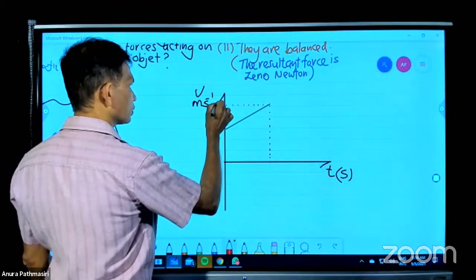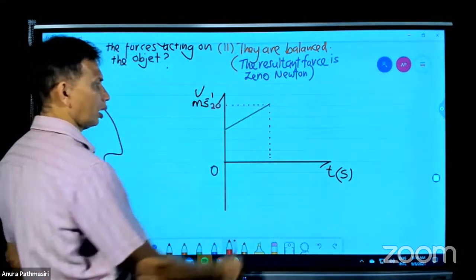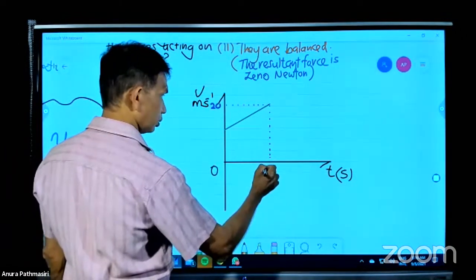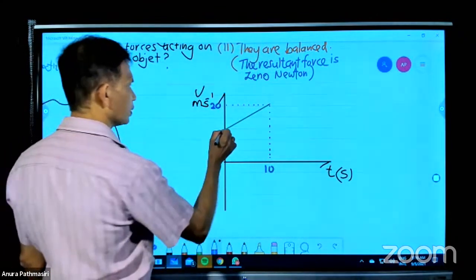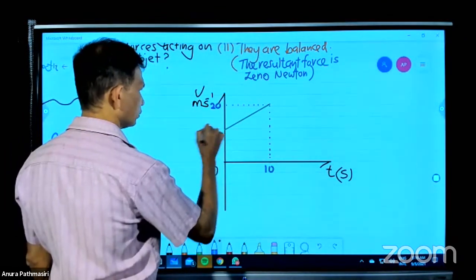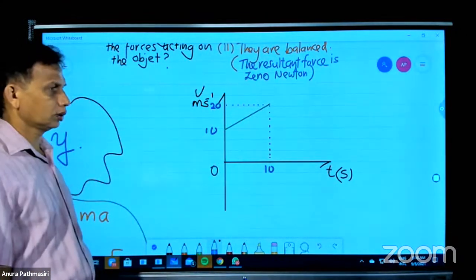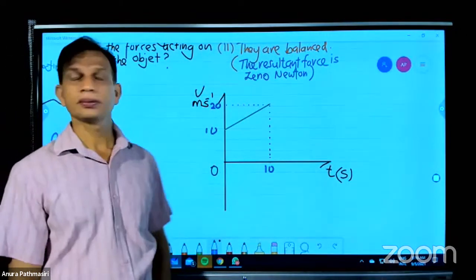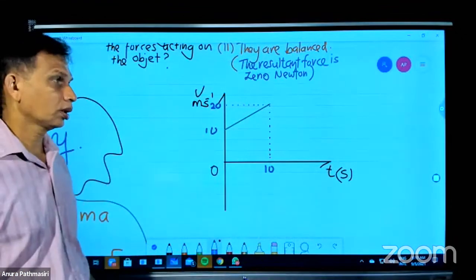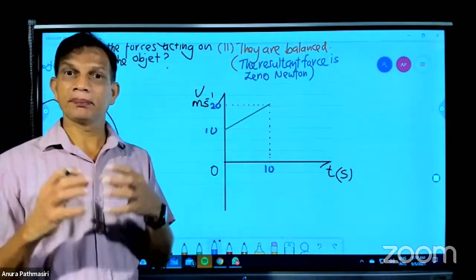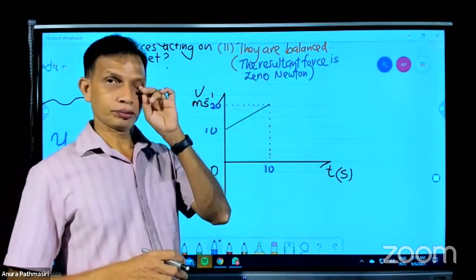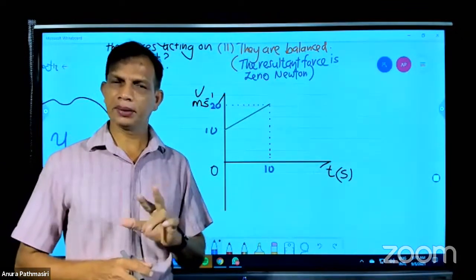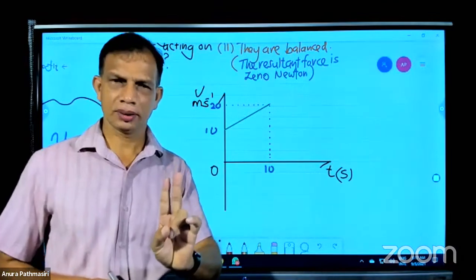If this is 20, and if this is 10, you can have the question blended with Newton's second law of motion.